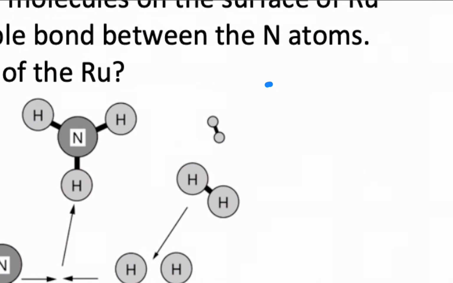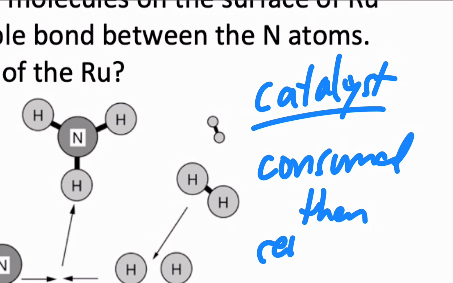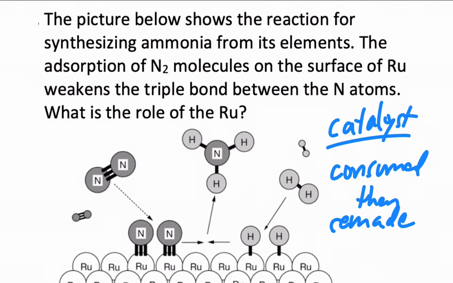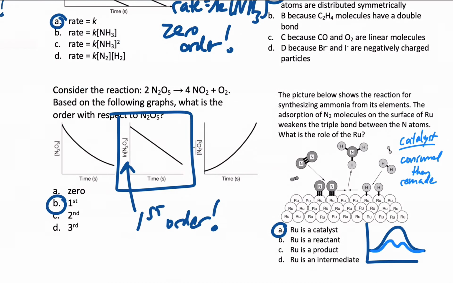A catalyst, by definition, is consumed, then remade. Interestingly, an intermediate is the opposite. An intermediate is produced, it's made, and then it's consumed later on, which is true for these complexes. I make a ruthenium nitrogen complex, and then I react it, so it's the opposite of a catalyst.